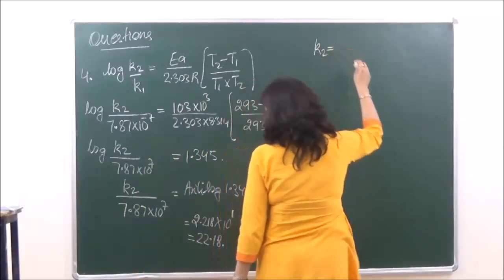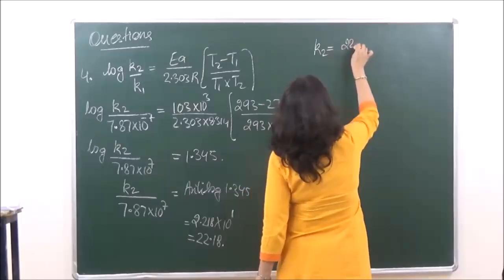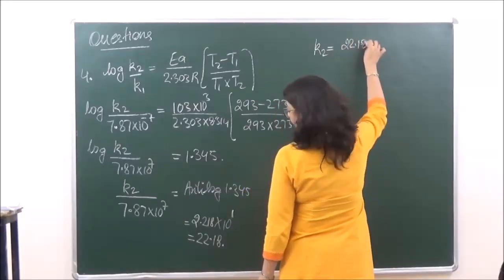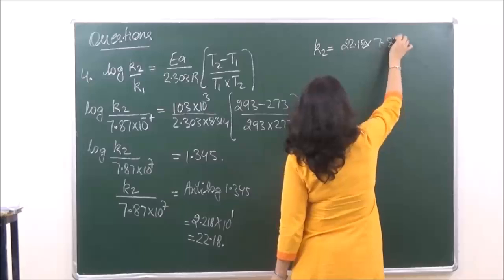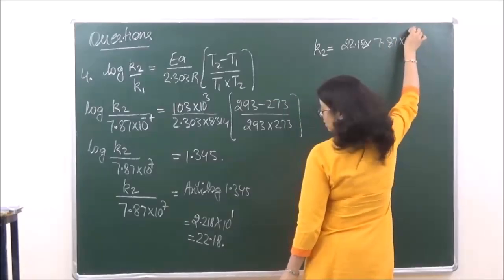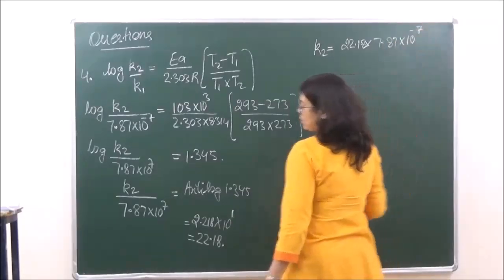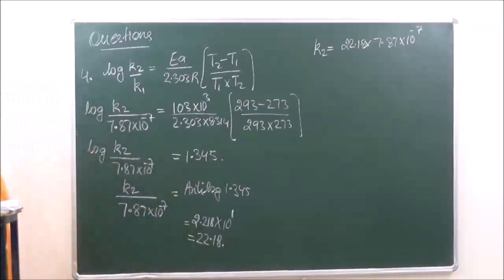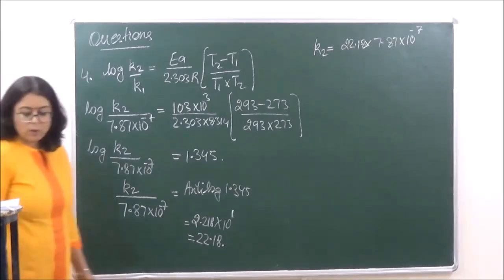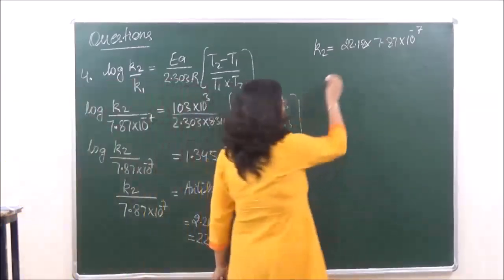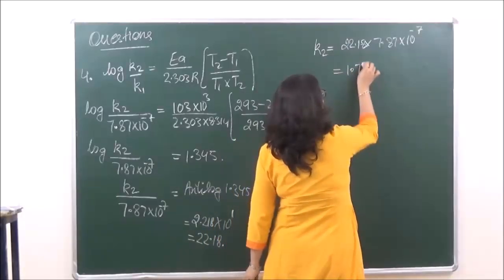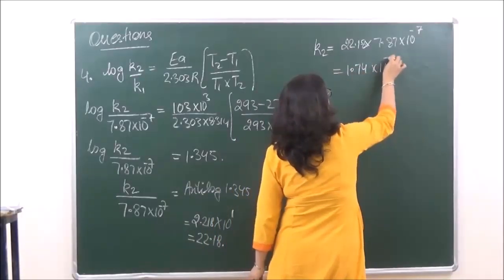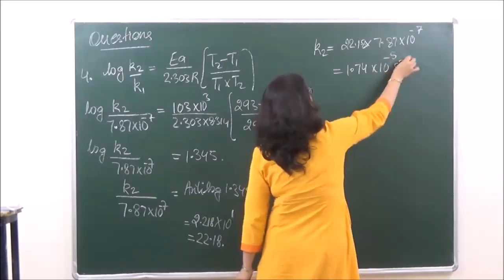K2 will be equal to 22.18 into 7.87 into 10 raised to power minus 7. Right? So when we calculate this, the answer is coming to 1.74 into 10 raised to power minus 5.